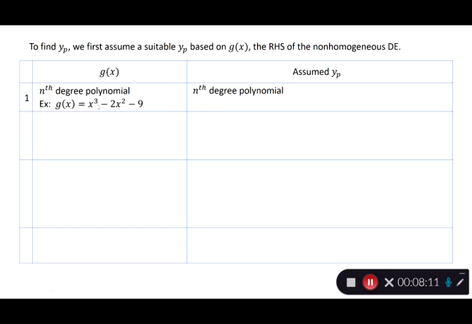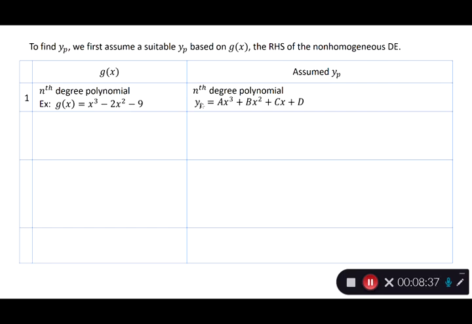Is this g of x a polynomial now? What degree polynomial is it? Exactly, third degree polynomial. So what should we assume? A third degree polynomial. The only thing is, you must assume a general third degree polynomial. What do I mean by general or generic third degree polynomial?